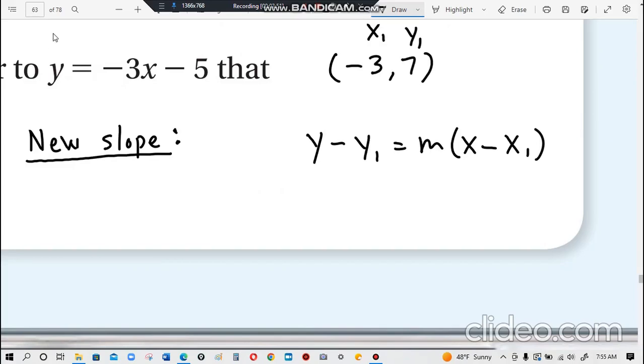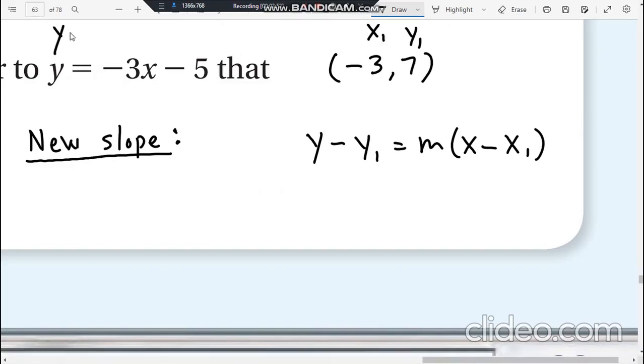All right, we can see this equation is in the form of y equals mx plus b. m is the number that's multiplied by x, so we can see that the slope m is negative 3. So we're going to start with negative 3, and I suggest you make it a fraction so you can put it over 1.